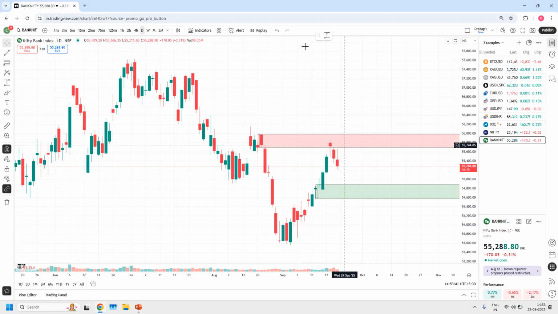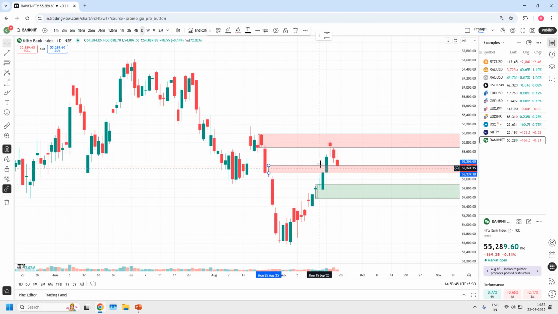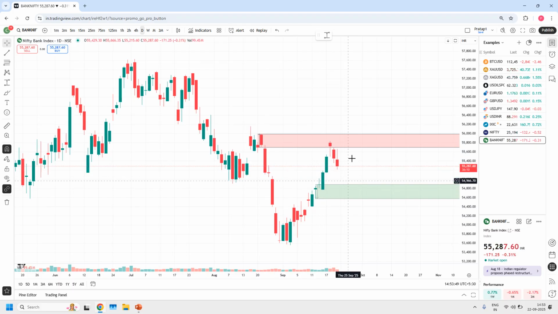But before that, by violation of this supply zone, the downtrend is changed to sideways. Now prices may move between these two zones for some time if the sideways trend continues. Otherwise, if the supply zone is violated, the sideways trend will be changed to uptrend. Or if this demand zone is violated, again the sideways trend will be changed to downtrend.